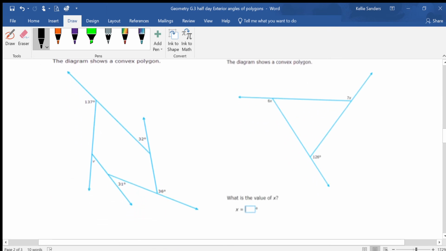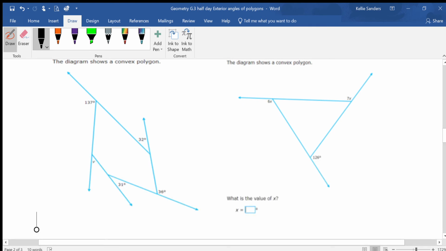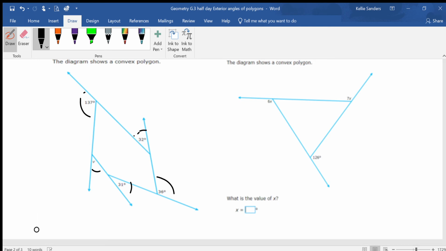Here we go. Alright, so on this one, all of these are exterior angles, but they're not the same size. So that's when I wouldn't be able to say 360 divided by 5 and get a nice, pretty answer.